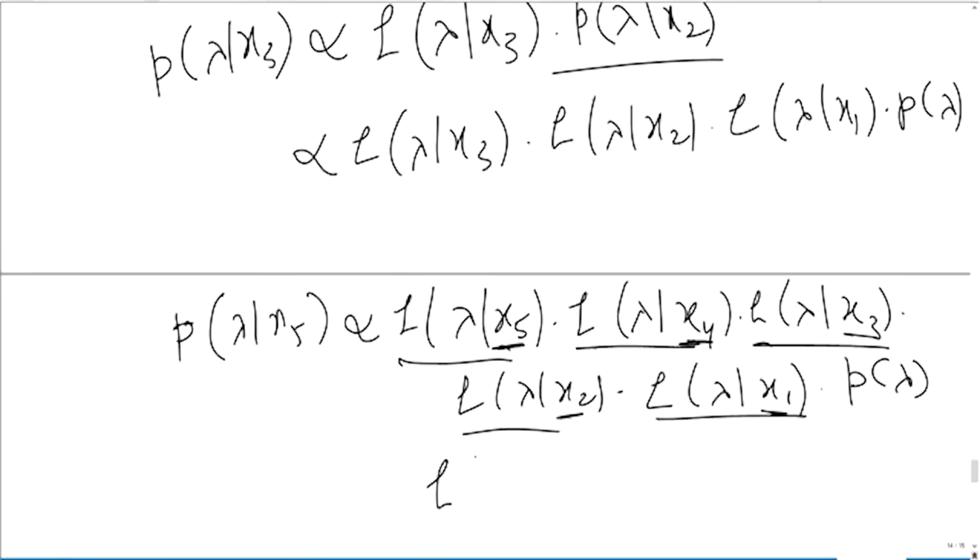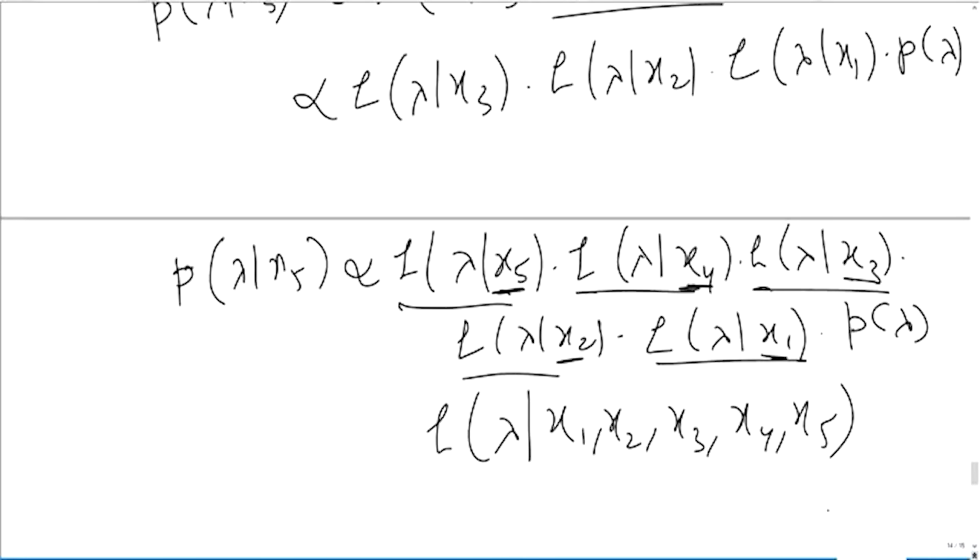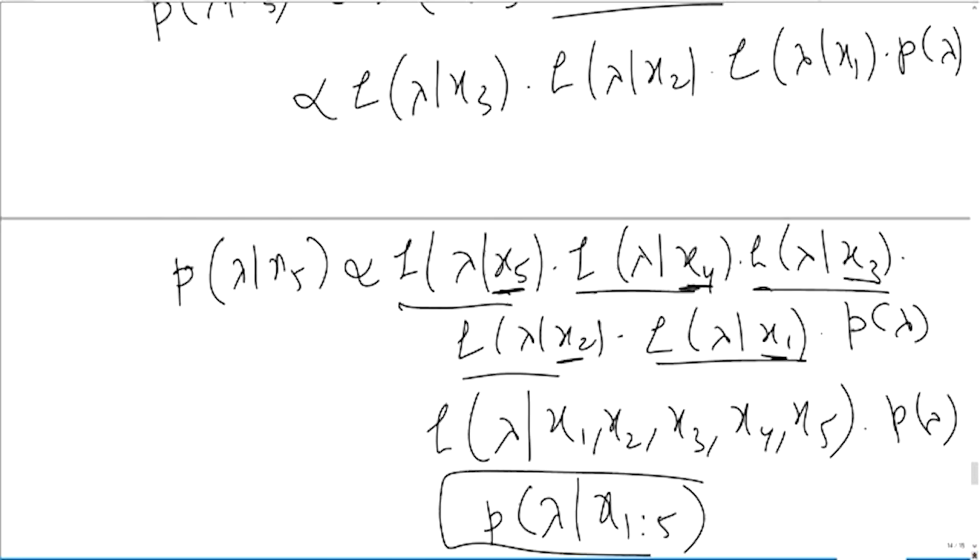So you can write this as the likelihood of theta given x1, x2, x3, x4, x5. This is the joint likelihood of lambda given the data from these 5 experiments, x1 to x5. So this is basically the same thing as computing the posterior distribution of lambda given data from x1 to x5.